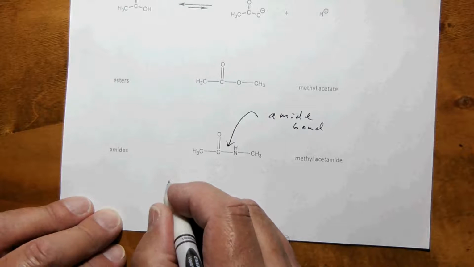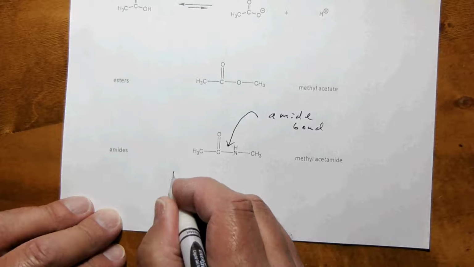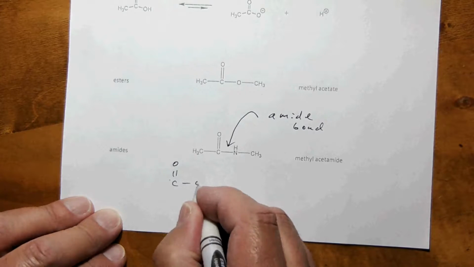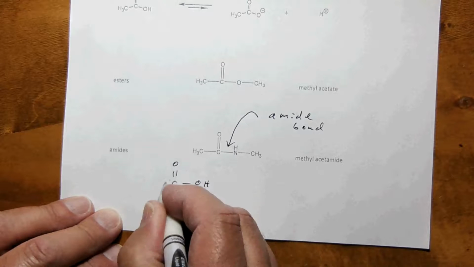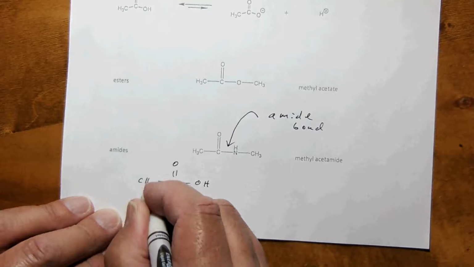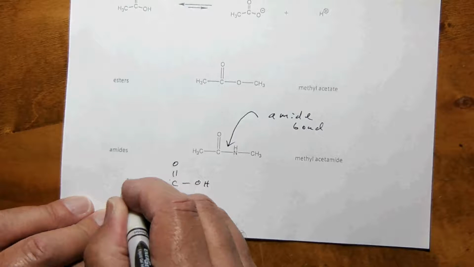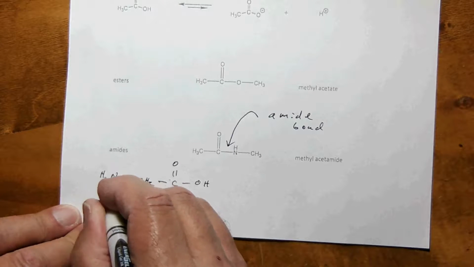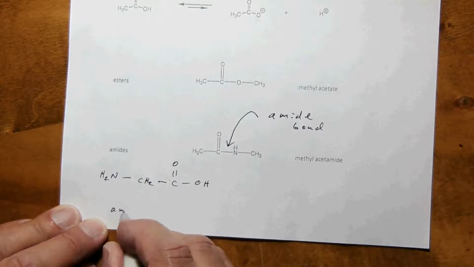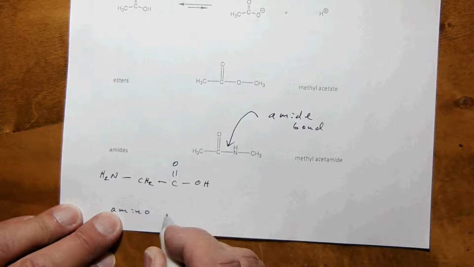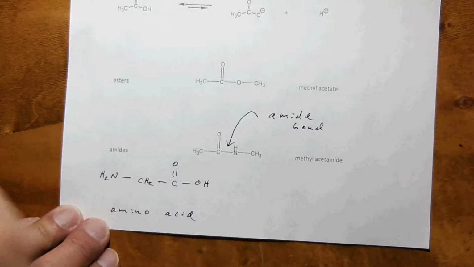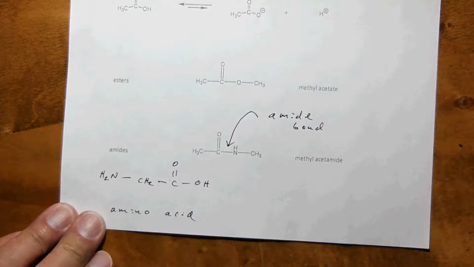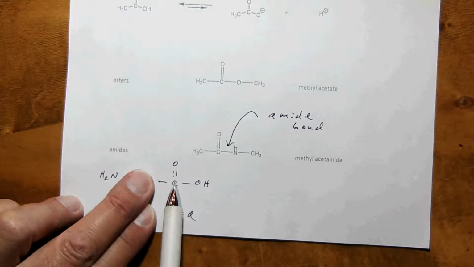Say you had C double bond O, OH, CH2 and NH2. This is called an amino acid.